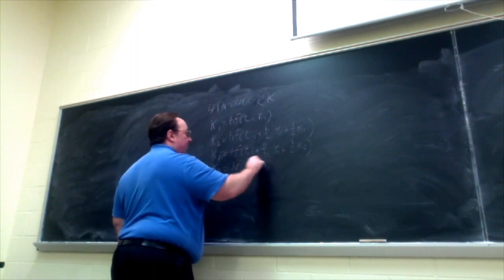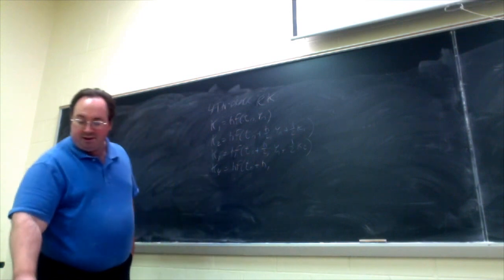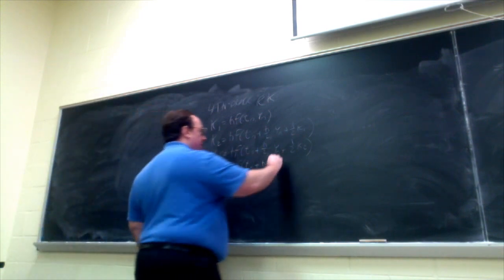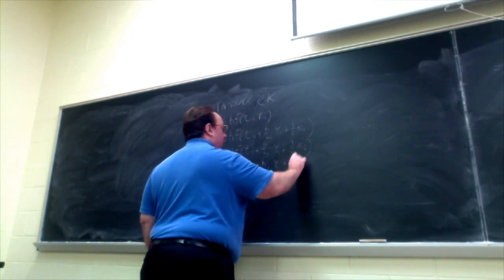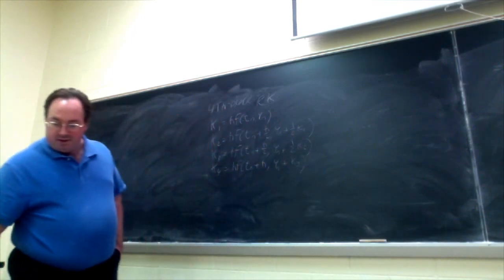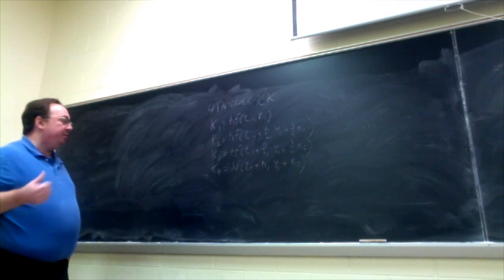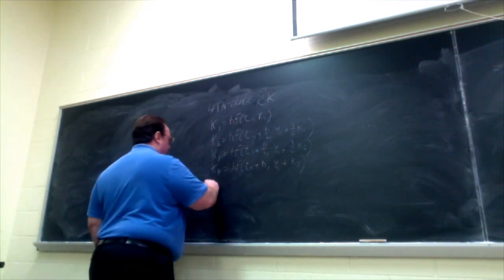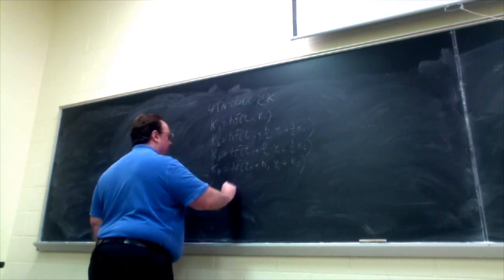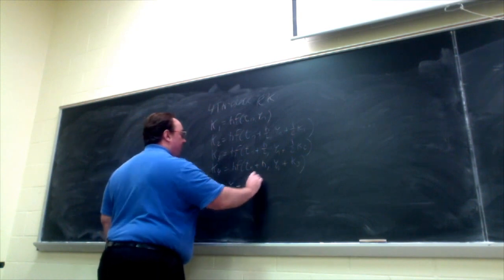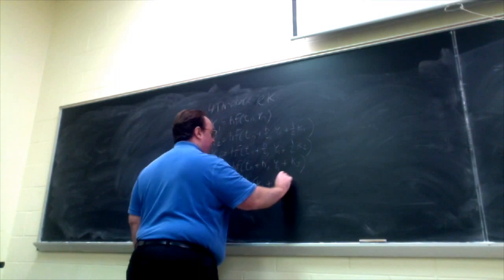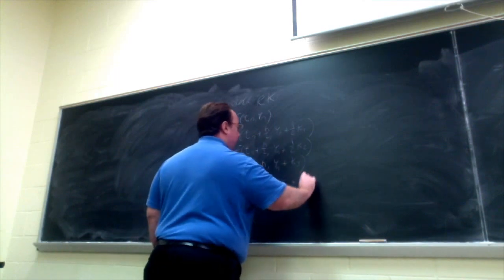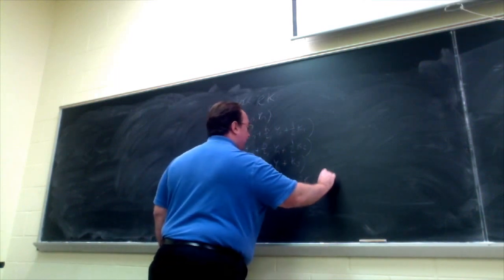Now we seek an approximation at the end of the interval in time, and we have yn plus K3. Okay. And then we put them all together. yn plus 1 equals yn plus 1/6 of K1 plus 2K2 plus 2K3 plus K4.